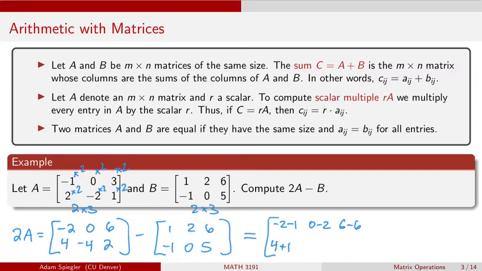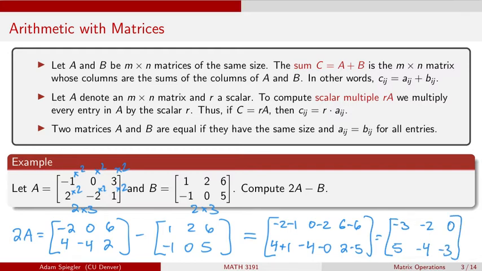That's where this plus 1 comes from. And then I would have a 4 minus a 0. So, excuse me, that's a minus 4 minus a 0. And then a 2 minus 5. And then we can simplify that. We have a minus 3. We have a minus 2. We have a 0. 4 plus 1 gives me 5. Minus 4 minus 0 gives me minus 4. 2 minus 5 gives me minus 3.